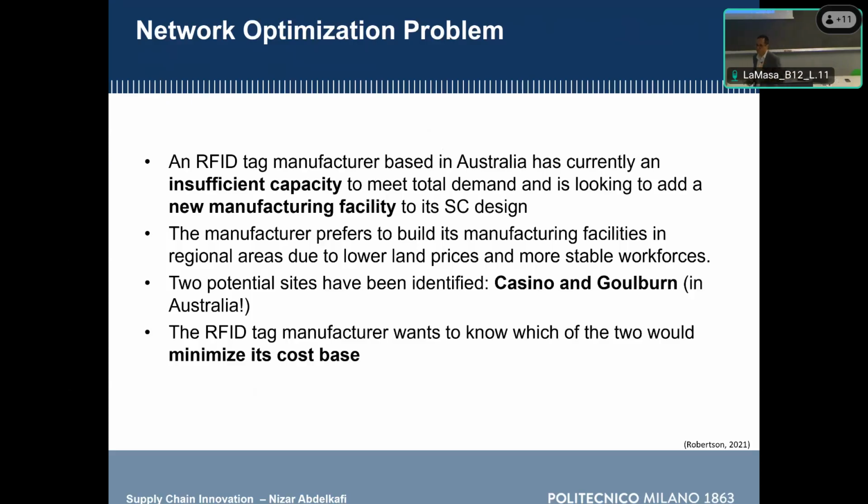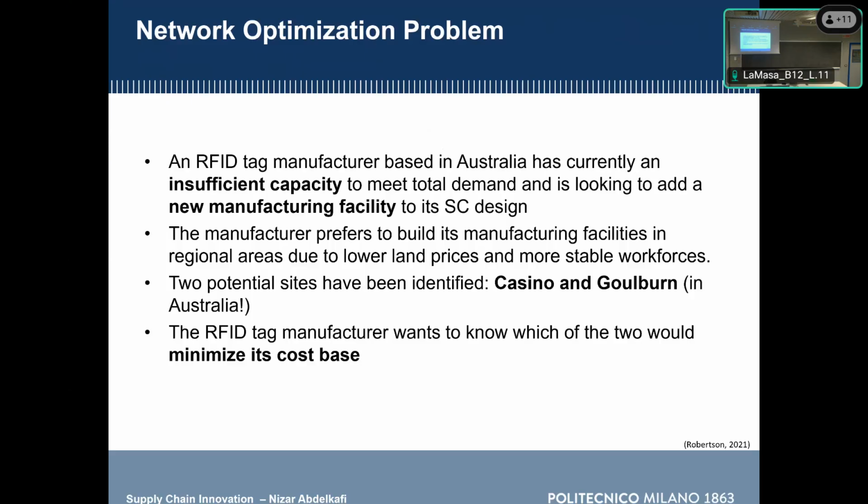But what you should still do is the modeling, and you should be able to do this. So we have here an RFID tag manufacturer. Just to write it down, simplex, this is the simplex method. It was discovered many years ago, I think in the 40s, for solving linear programs.